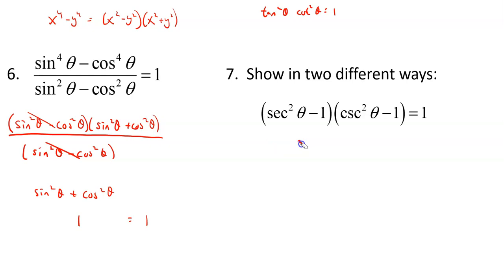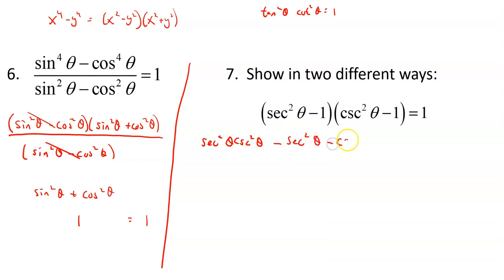Another way is you might look at that and say, all right, I'm going to FOIL the whole thing out. And I'll end up with secant squared theta cosecant squared theta minus secant squared theta minus cosecant squared theta plus 1. Ooh, wasn't that interesting?